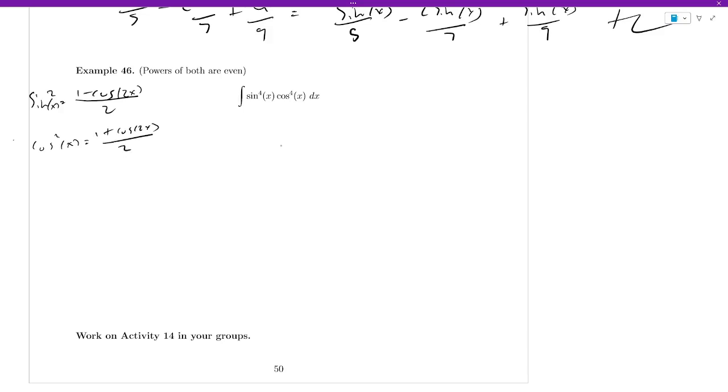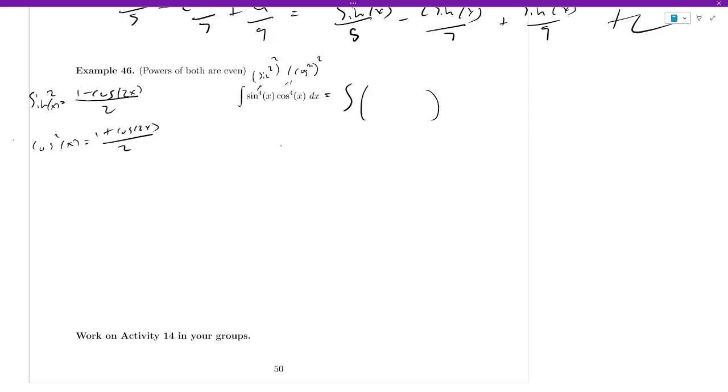So we just have to blindly plug these into our integral wherever we can. Just like we did before with the even powers, maybe notice that this is sine squared squared, and this one is cosine squared squared. So we're going to put our identities inside both of those squared things.